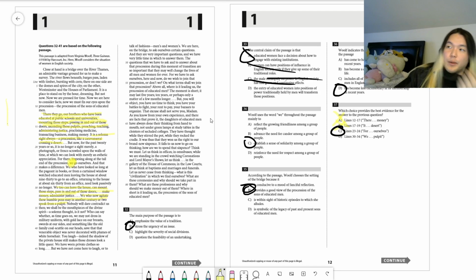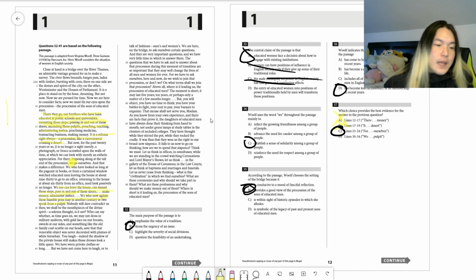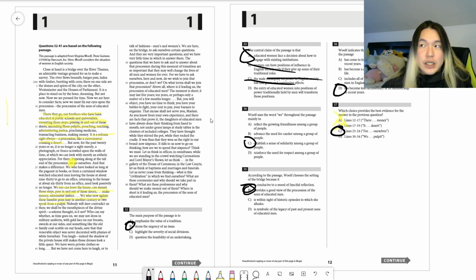This one's talking about how women are joining the workforce. But I still prefer C because choice C refers to the procession directly, while choice D refers to the commute kind of tangentially. Yeah, I think D is nice, but I definitely think C is better.